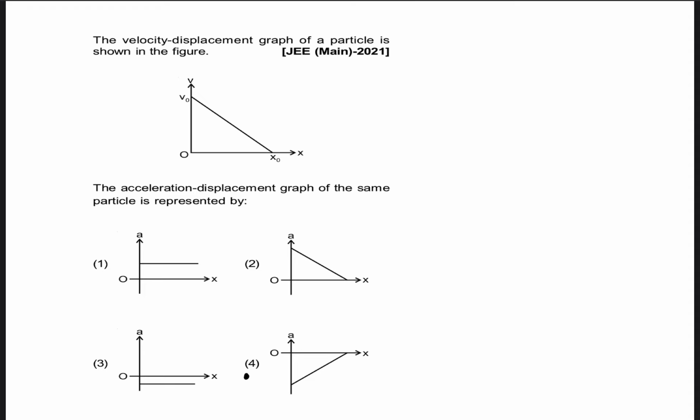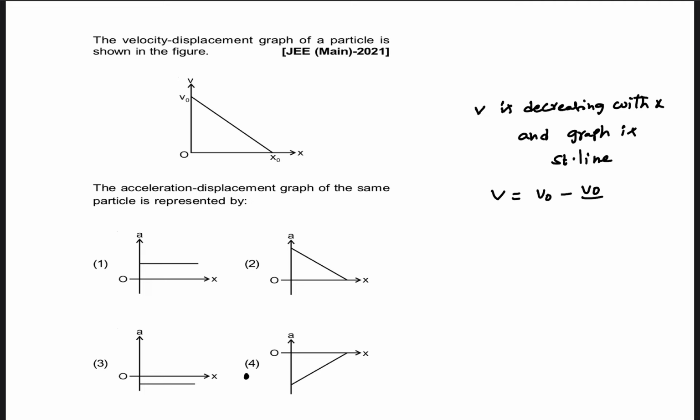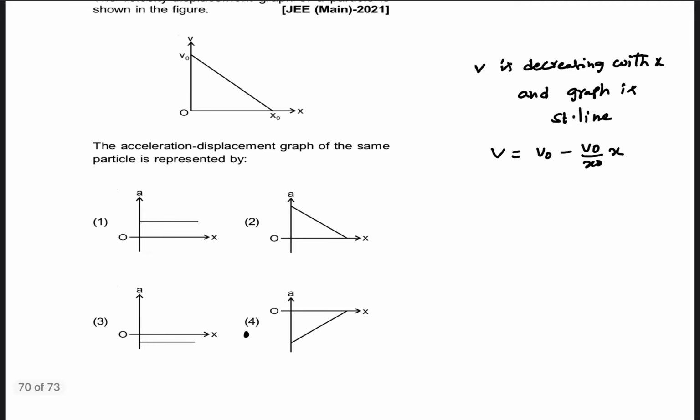The velocity displacement graph of a particle is given, a v and x graph. You can see that v is decreasing with x, and the graph is a straight line. So you can write the straight line equation: v is equal to v naught minus slope times x, where slope is v naught by x naught. Now I want the a value. A is equal to v dv divided by dx.